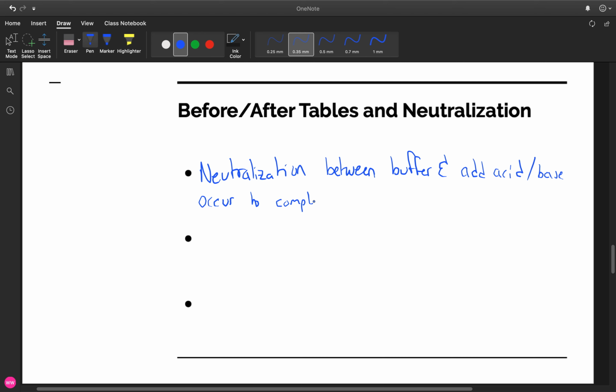Now, as far as this goes, this is going to be a stoichiometry type problem. There is no equilibrium, so we need to consider stoichiometry first. When a neutralization reaction occurs, the result is often still a buffered solution. So once again, a buffered solution may result from a neutralization reaction.